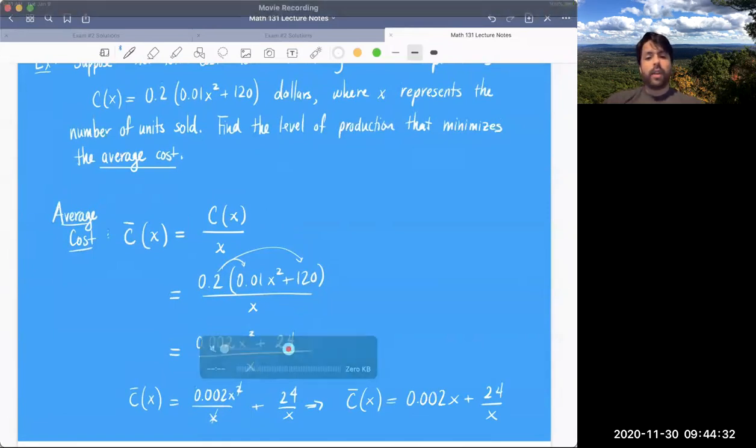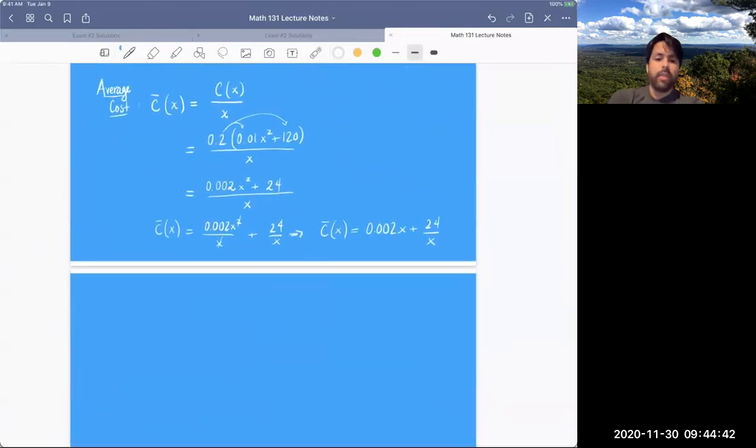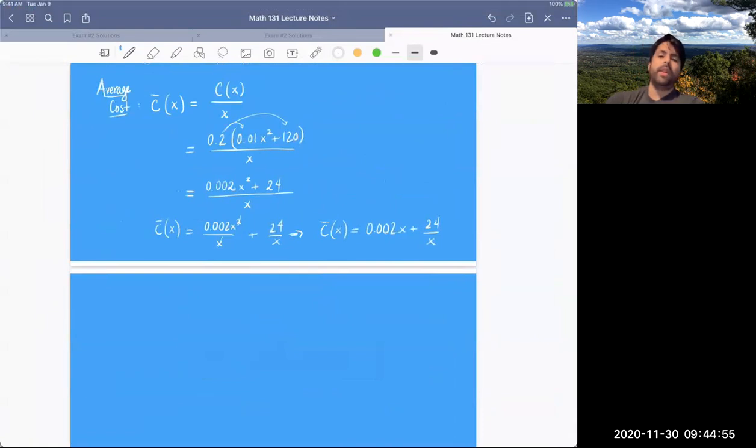And what am I trying to figure out? I'm trying to find the minimum. So what am I supposed to do to find the minimum, to optimize? What is it that we're always going to do now to figure out the maximum or minimum of a function?